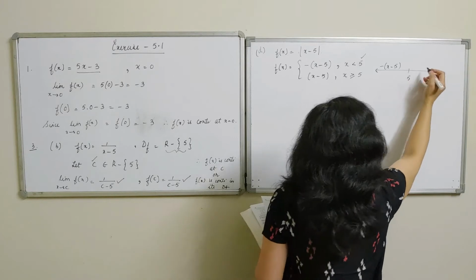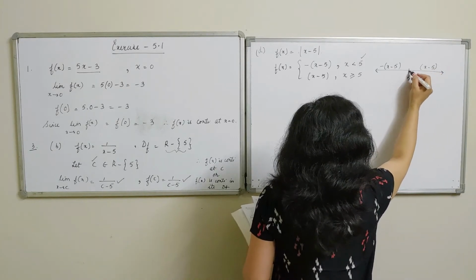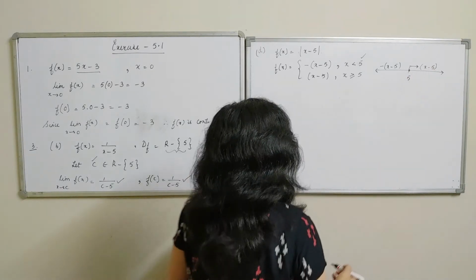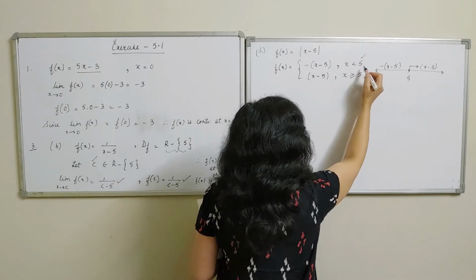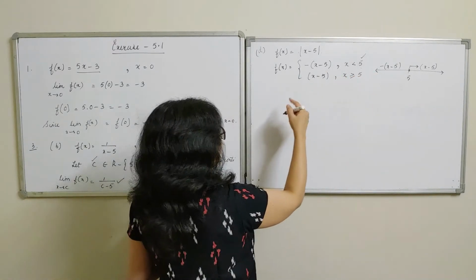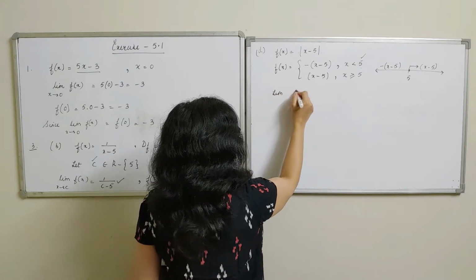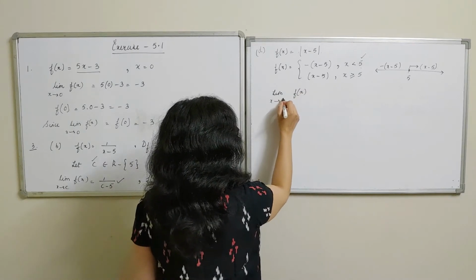Whenever x is greater than 5, the function is positive x minus 5. At the point 5 also, it is defined as positive x minus 5. So we will check continuity at 5. Let us find the limit of the function when x tends to 5.